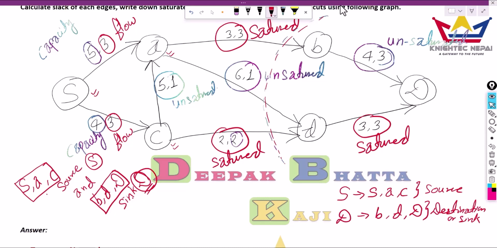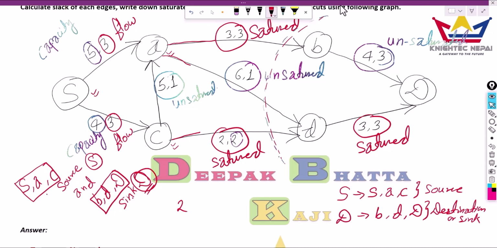So find out the flow of every part that is going from source to destination. So this is our outgoing edge. Observe this path, that is 2, and observe this value, the flow value, that is 1.